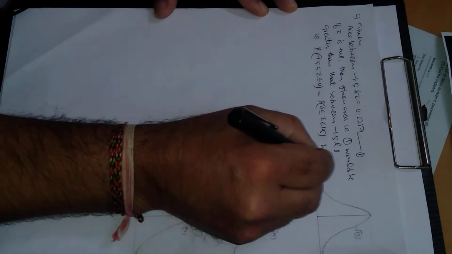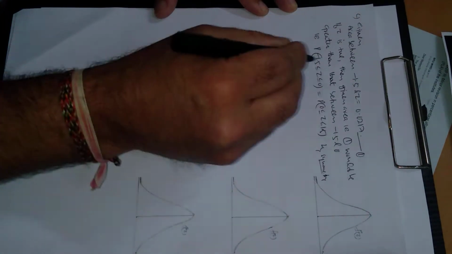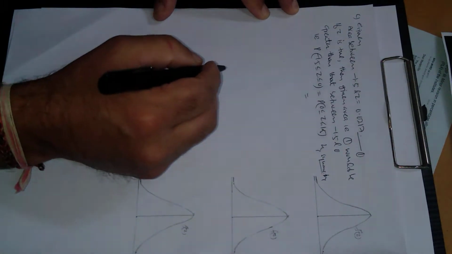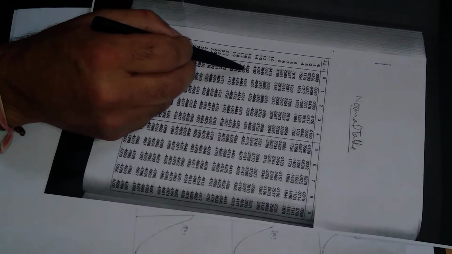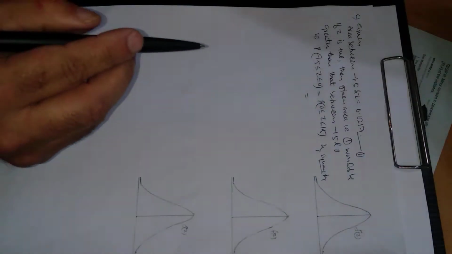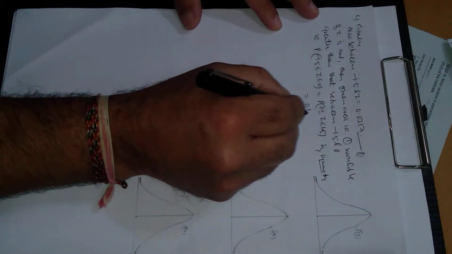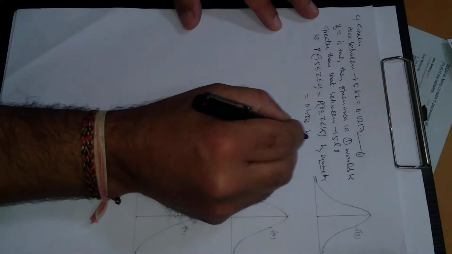by symmetry. And from normal table go through the row 1.5 here, and below the column is 4332, which is 0.4332 by normal table.